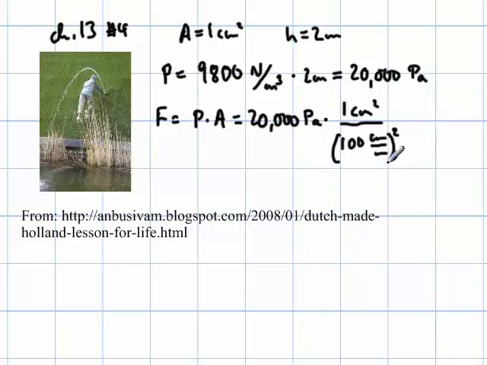When we do that, we take 20,000 divided by 100, and again divided by 100, and we come up with just 2, with the units being pascals times square meters, which is newtons. 2 newtons, which we could convert if we wanted to pounds, comes out to roughly 0.5 pounds, and that's all the force that the boy has to exert. And so therefore, yes, he can easily do it.